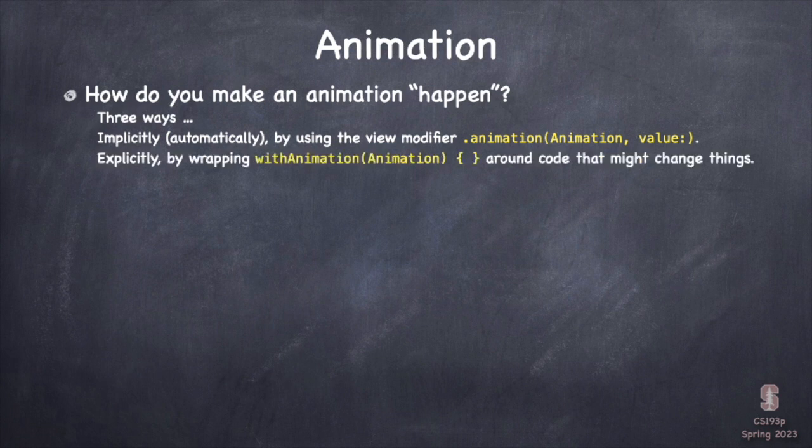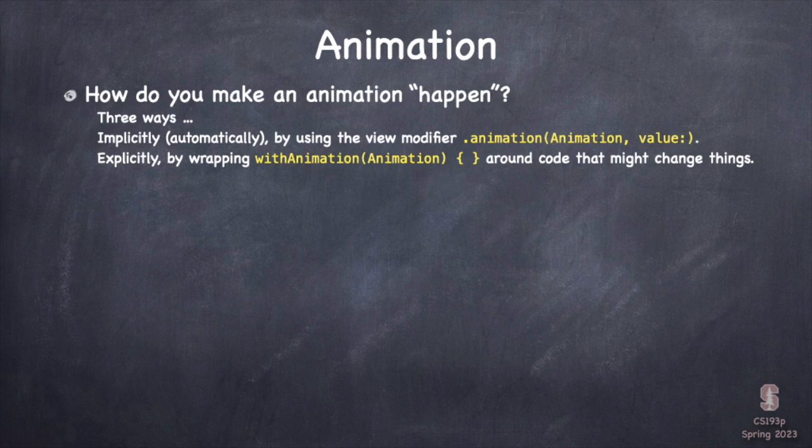Secondly is explicit animation. Now this one, we wrap something that we're doing with this withAnimation thing right here, and it causes all things that changed because of what we did inside there to animate together. This one is actually the primary way we do animation, not the implicit. We do it with this explicit.